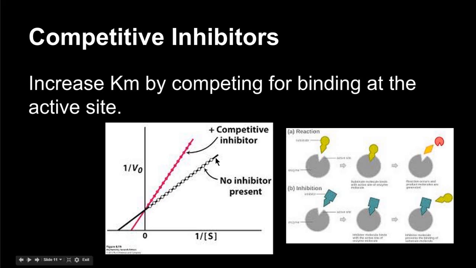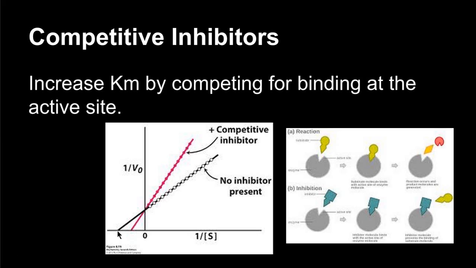So this black line obviously is no inhibitor present on my Lineweaver-Burk plot, and my pink line is competitive inhibitor present. And if you look at where they're at here on this x-axis, the no inhibitor line is going to be back towards the left, and it has a lower Km.